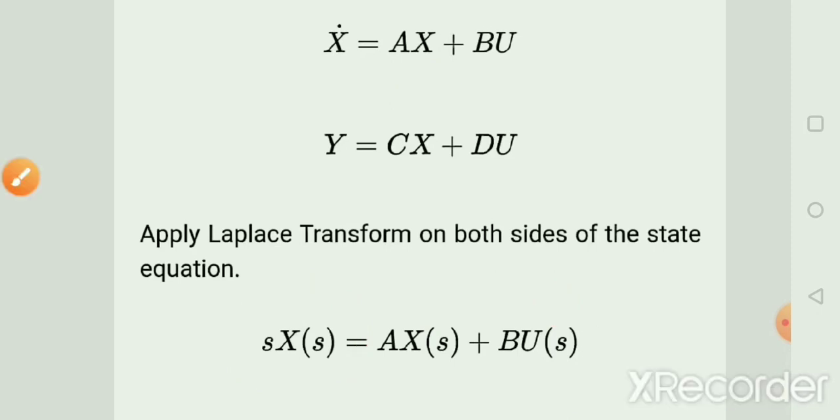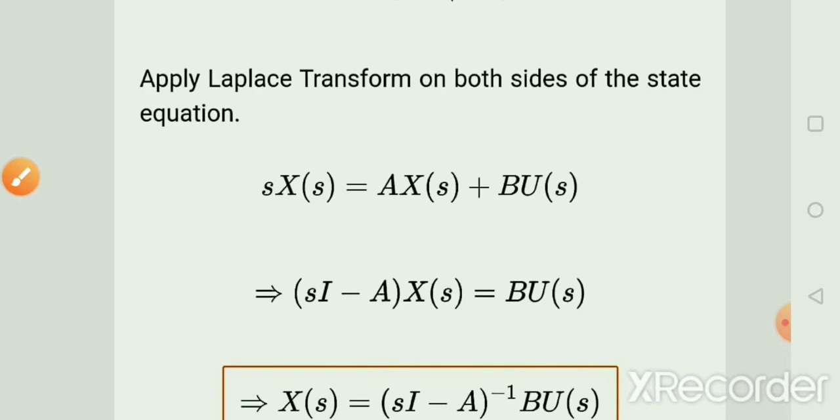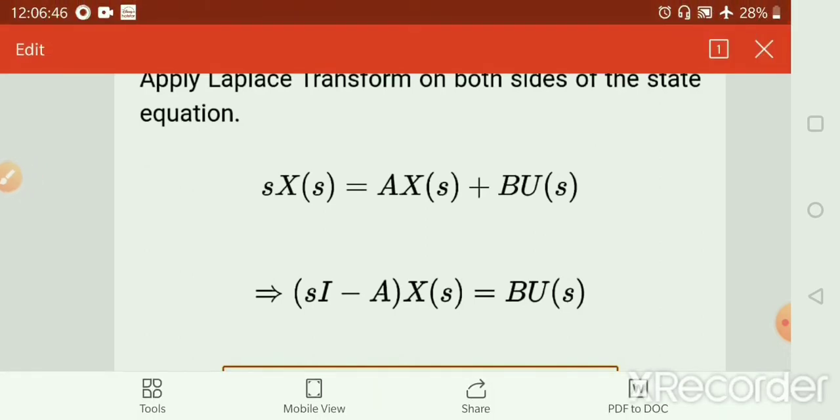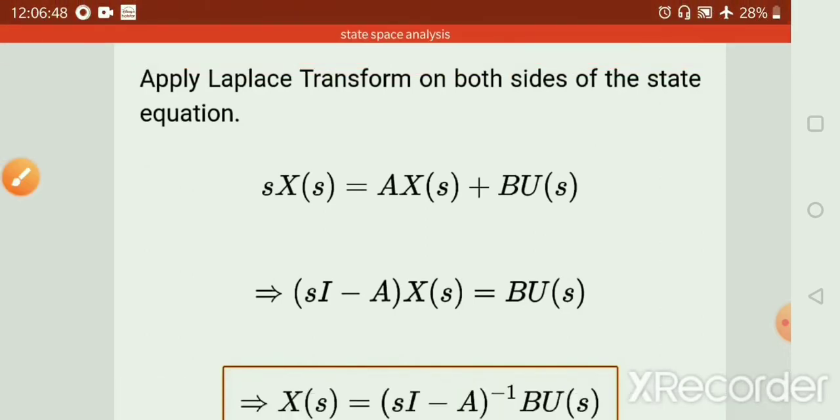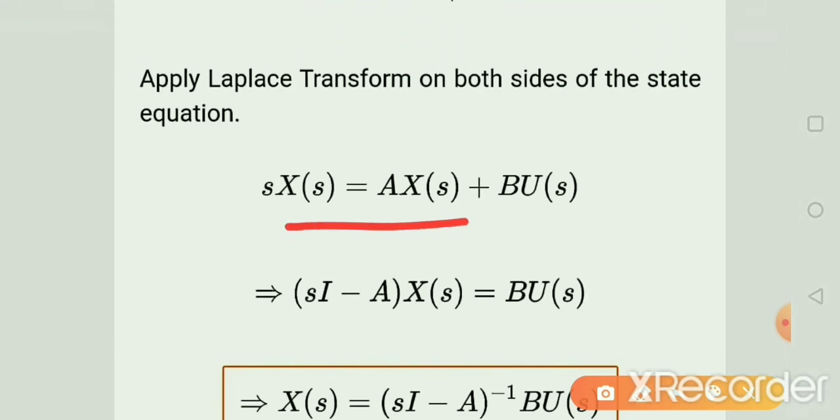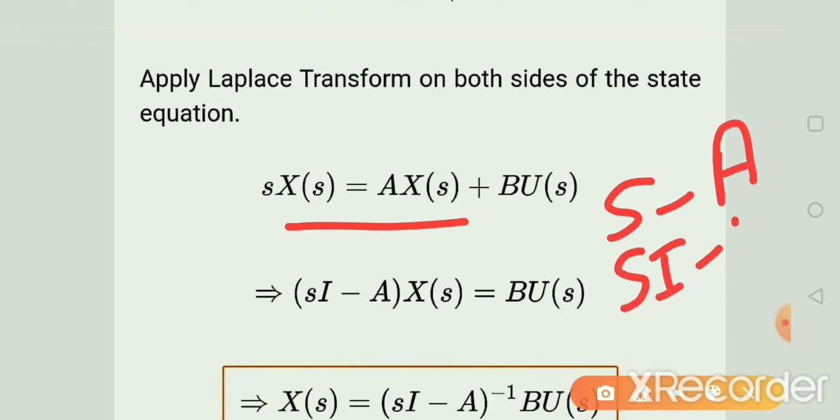Now we can take X(s) common. When we take X(s) common, it is s minus A, and here we can write it as sI minus A, because I is the identity matrix, so we multiply it by the identity matrix. Identity matrix means 1 0 0 1.